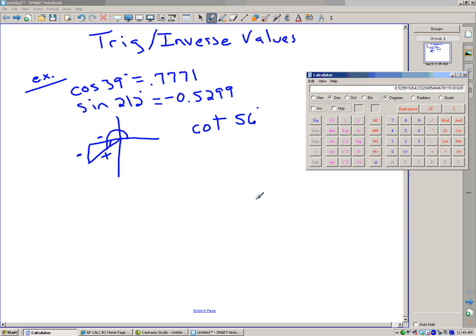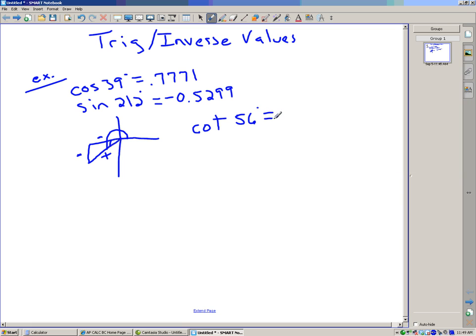So what we're going to need to do is rewrite this as 1 divided by the tangent of 56 degrees. That's how we're going to do this on our calculator. 1 divided by the tangent of 56 degrees.